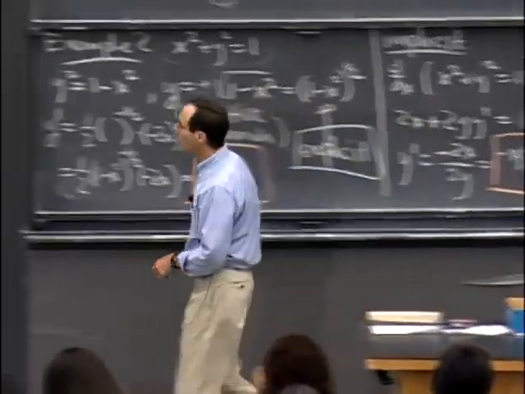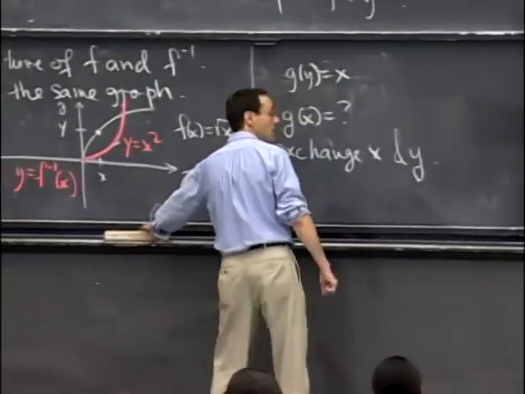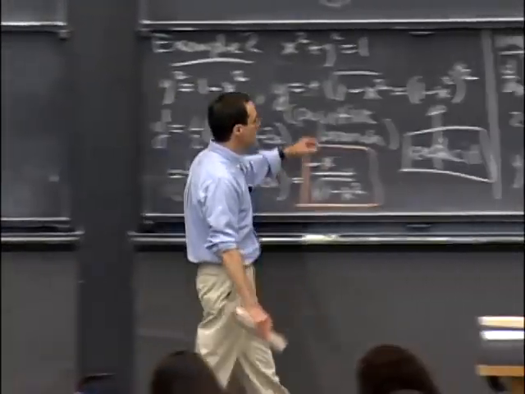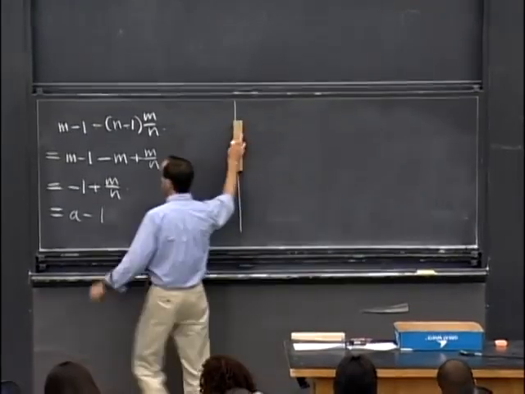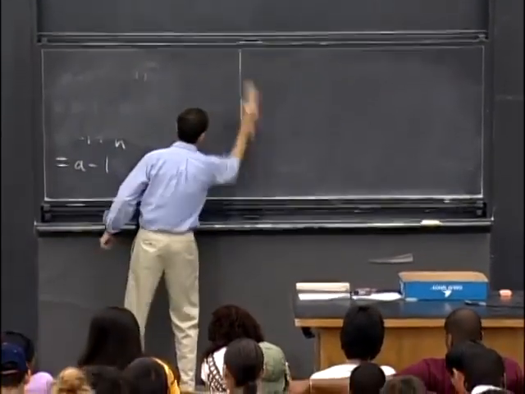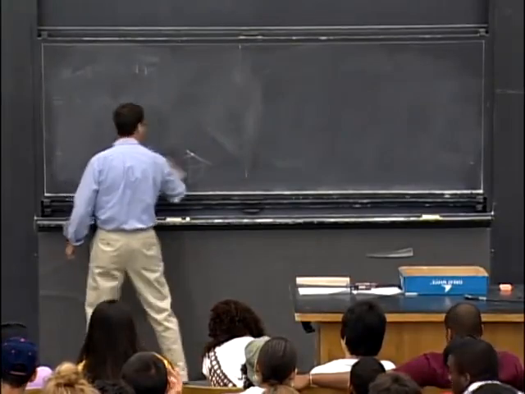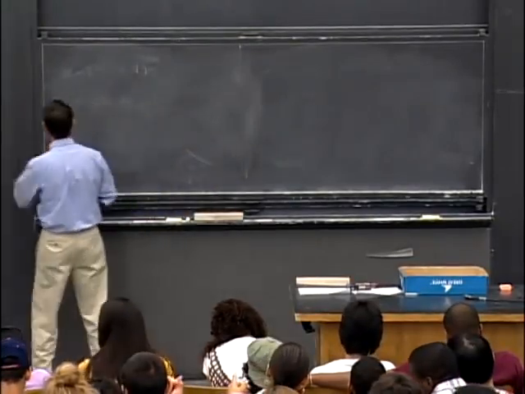And now I want to show you that the method of implicit differentiation allows us to compute the derivatives of inverse functions. So let me just say it in general, and then I'll carry it out in particular.